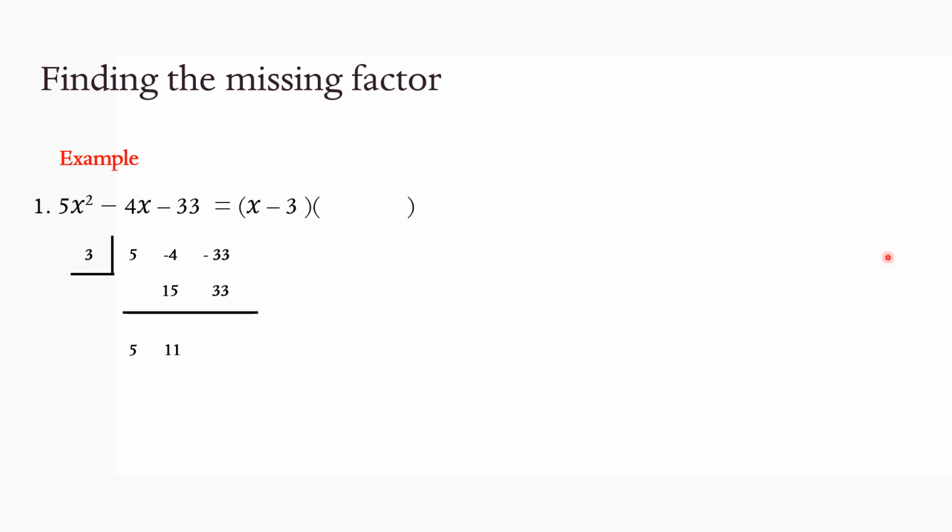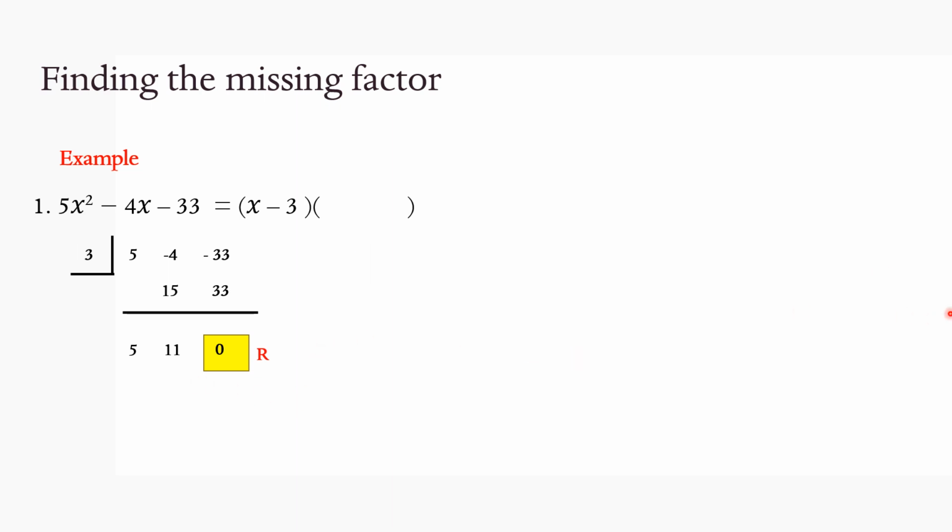So our remainder is equal to 0. Our remainder is always 0 because we are sure that we can find the factor of this given polynomial.